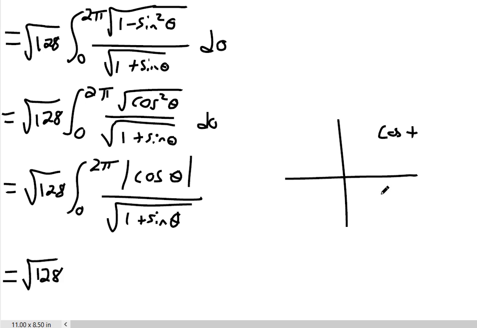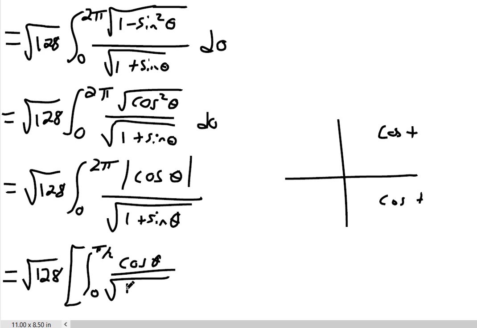Cosine is positive in the first quadrant, and cosine is positive in the last quadrant. Since we're trying to integrate from 0 to 2 pi, there are 2 quadrants in between where it will be negative. So we want to integrate from 0 to pi over 2. And this can just be cosine theta over the square root of 1 plus sine theta. And this integration won't be hard once we do it, okay?